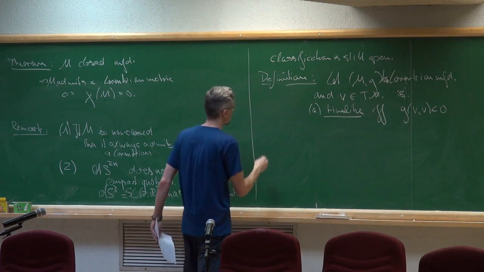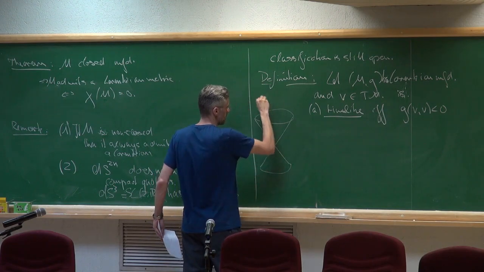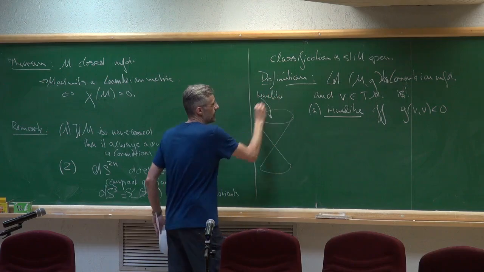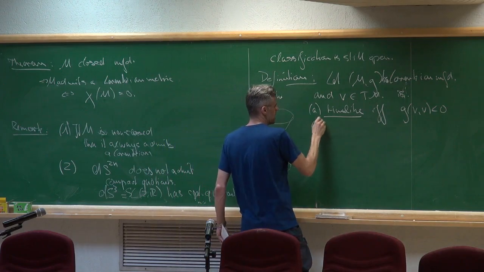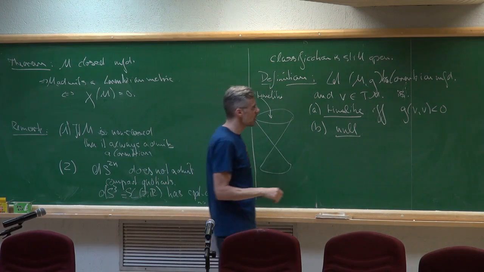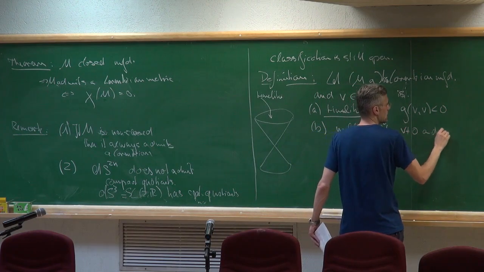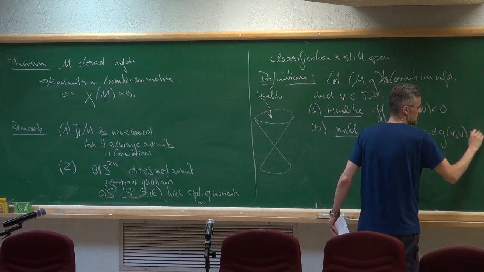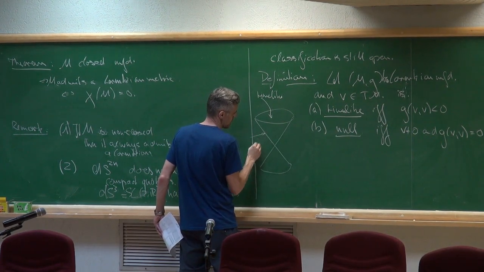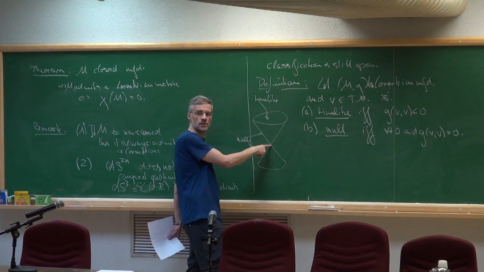So if you look again at this double cone picture, inside here, that is time-like. B, it is null, the literature also says light-like, if v is non-zero and the length is 0. So basically, you are on the boundary of the cones except the vertex.